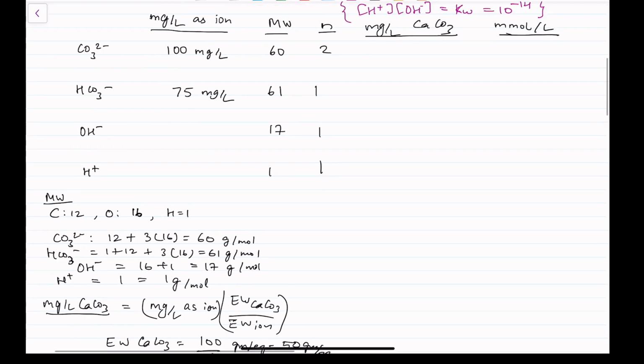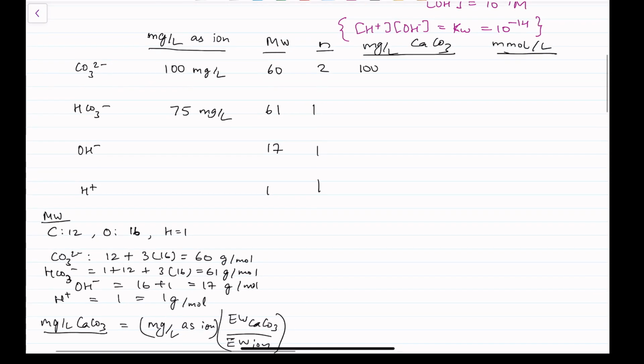So this would be 100 times 50 over 60, 75 times, okay, sorry, this should be 30 because the equivalent weight would be 60 over 2.